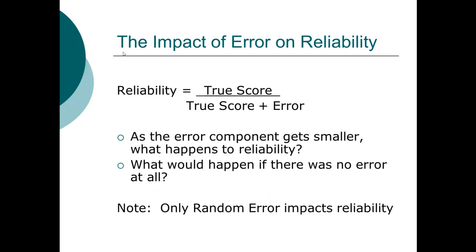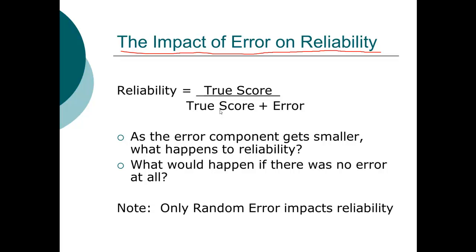Now, as we've seen, there is an impact that error can have on reliability. And here we see a little mathematical expression of reliability. We've got the true score right here, which would be the student's perfect score if they were able to take the test, and it would be perfect.